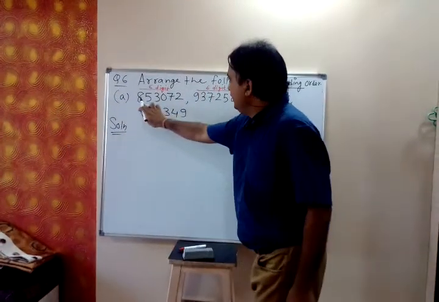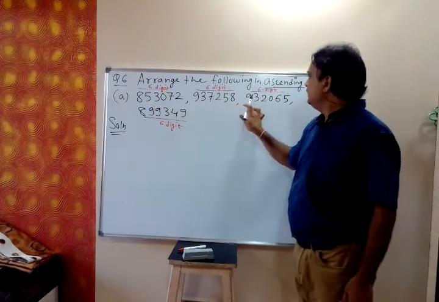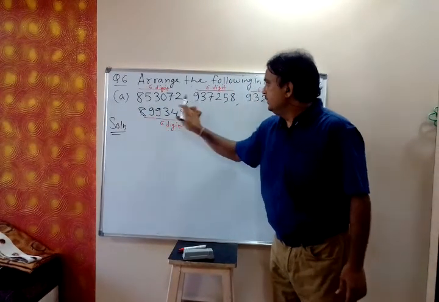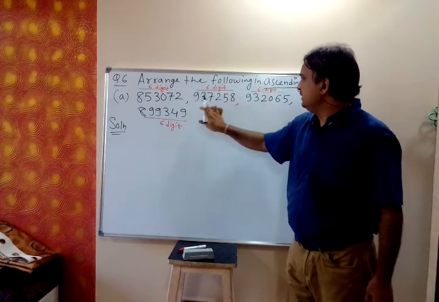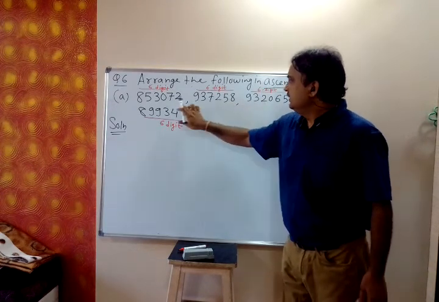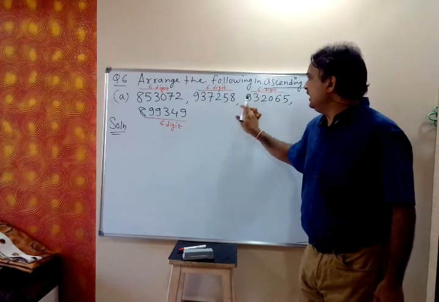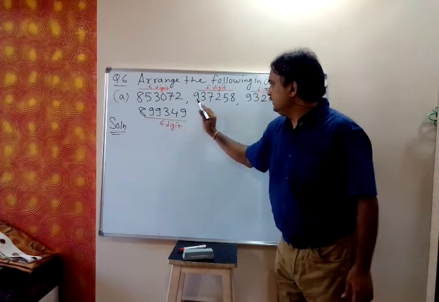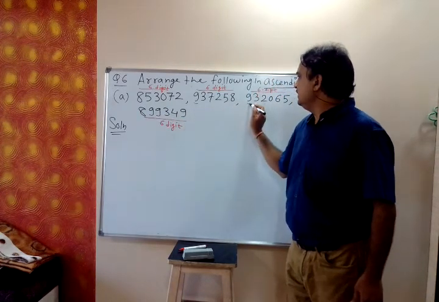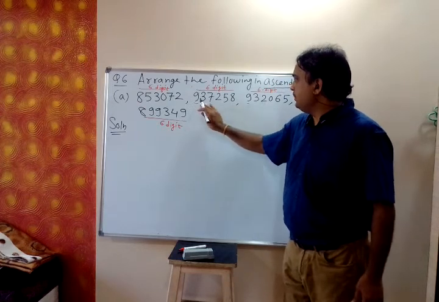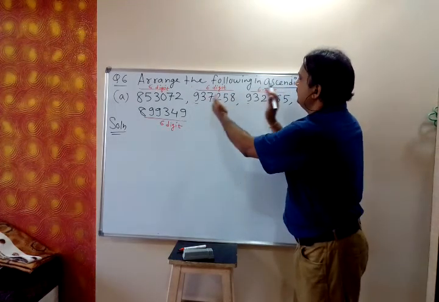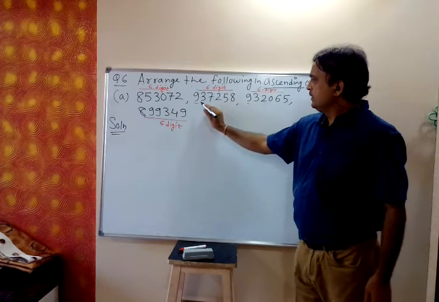Now the leftmost digits are 8, 9, 9, 8. So these two 9s are bigger. Now I will compare only these two numbers.